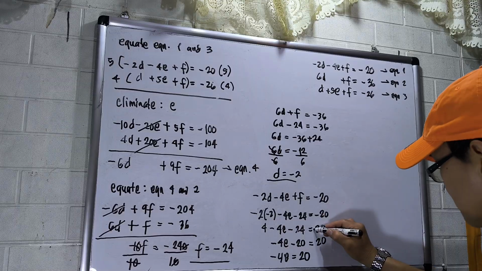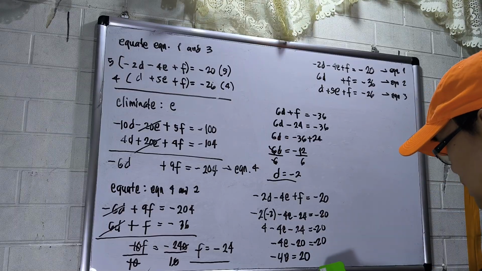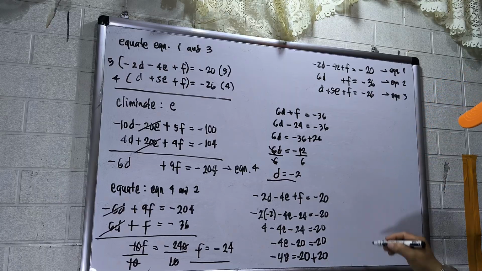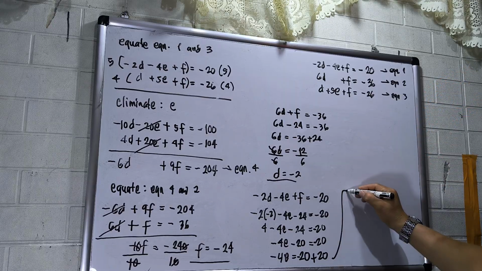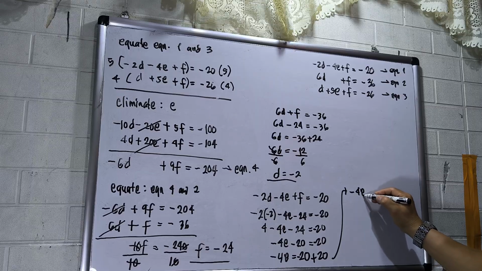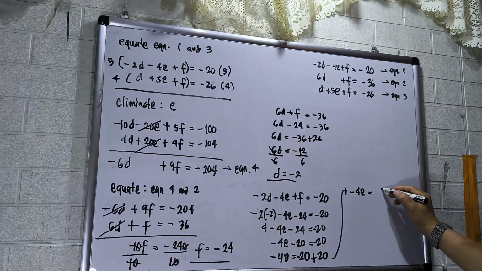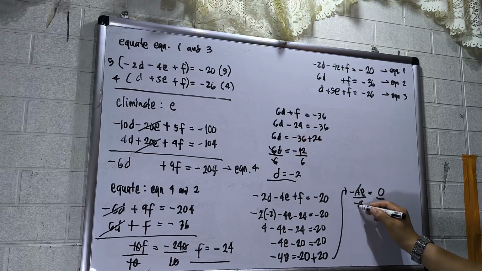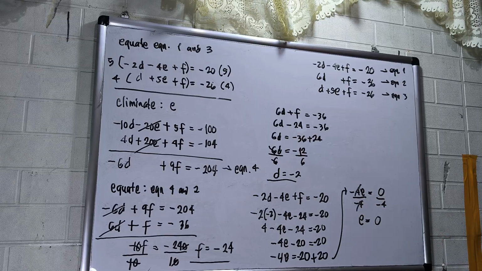Oh, sorry, there is a negative. Negative 20 plus positive 20, so negative 4e is equal to 0. Then divide by negative 4 both sides. So e is equal to 0.